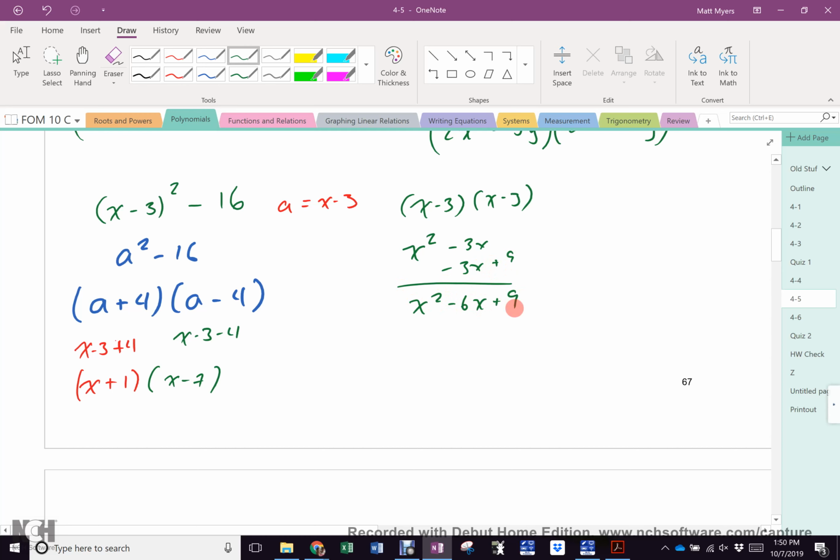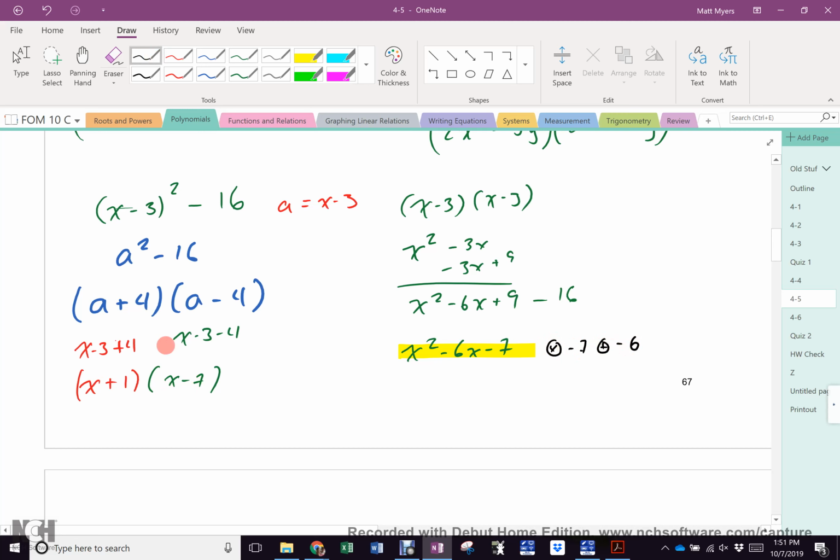Right? Everybody cool? So this is really this. And then I would take away 16, which would be x squared minus 6x minus 7. And then I could factor that by multiplying to negative 7 and adding to negative 6, which gets me this.